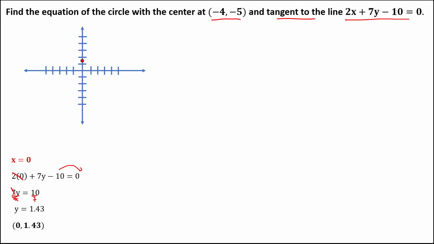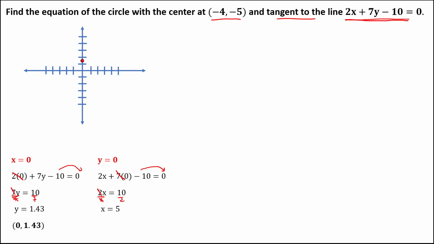Then to solve for the x-intercept, we let y equal 0. Then from this equation, y equals 0, and to solve for x, transpose this -10 to the other side, so this becomes 2x = +10. Then to solve for x, divide both sides by 2.